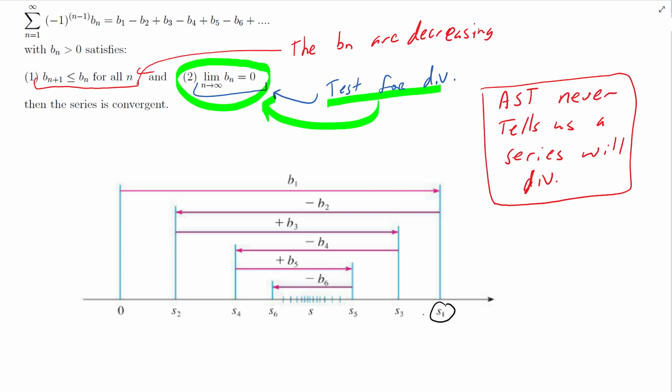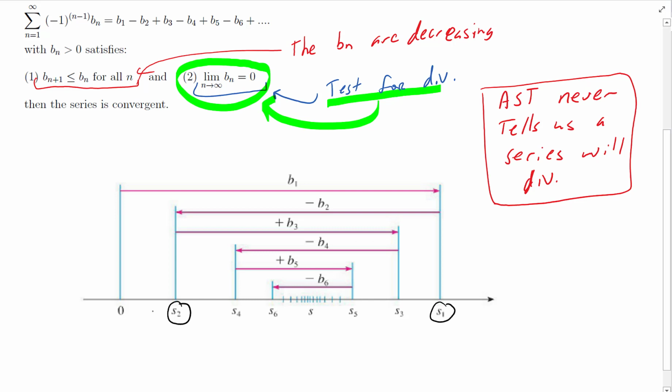Now the sign in front of b_2 is negative, so I'm basically adding a negative number, which means I go backwards a distance. Because it is a decreasing set of values, when I go backwards, I don't go all the way back to where I started. I go back shorter than b_1. That gives me s_2.